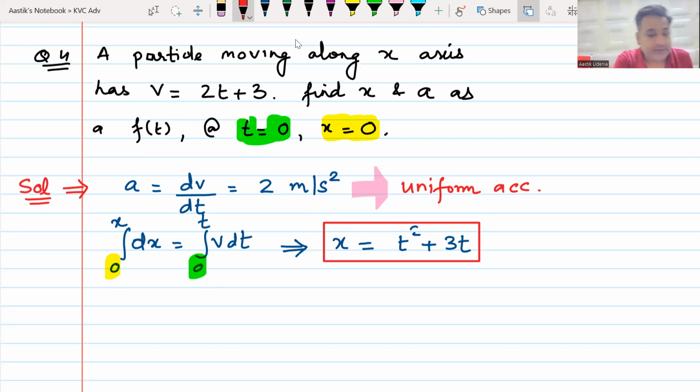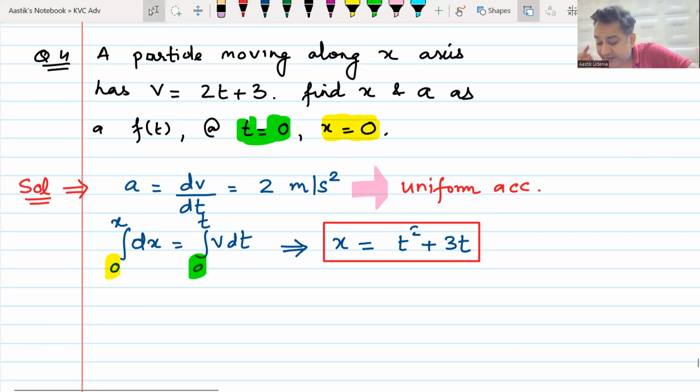Well then, I'll give you a minute. If you have any doubt, you can ask. Else, we will move on ahead with the next thing. And the next thing is a very simple case of motion in one dimension, and that is the case of uniform acceleration.